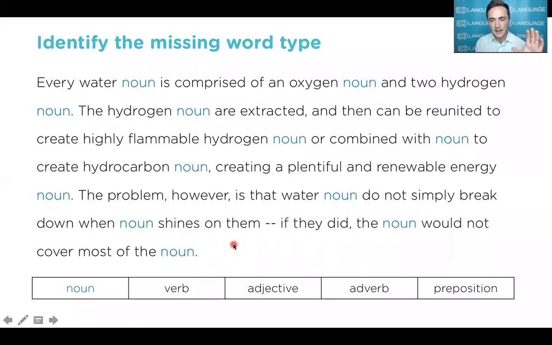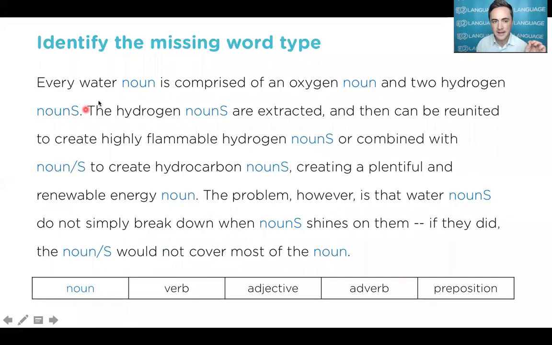Now, a little thing to keep in mind, two things to keep in mind when you're dealing with nouns. One is that they're either going to be singular nouns or plural nouns. For example, every water molecule, the hydrogen atoms are extracted. So it's either going to be no S, singular, or S, plural, right?